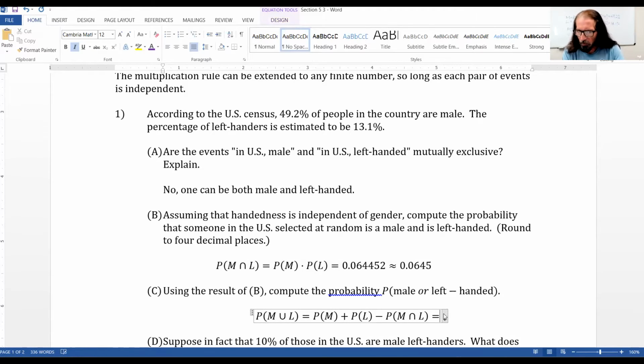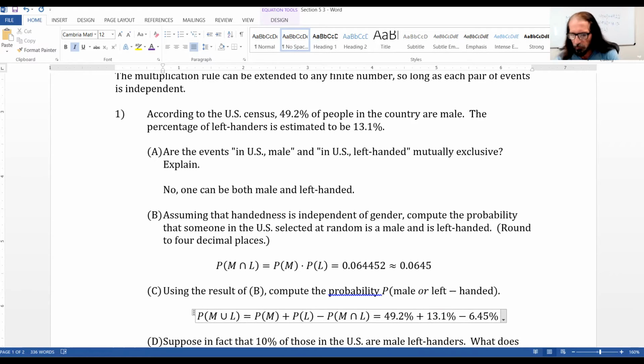Okay, so here we could either have them all as percentages or all as decimals, and then watch for how they want the answer expressed. So if I leave the originals as percents, I would have to convert the 0.0645 to 6.45%.